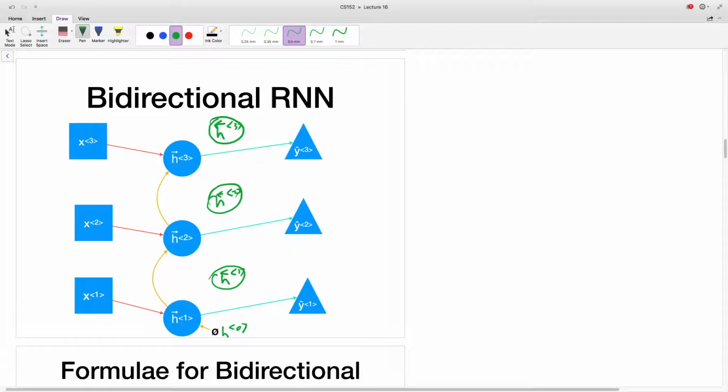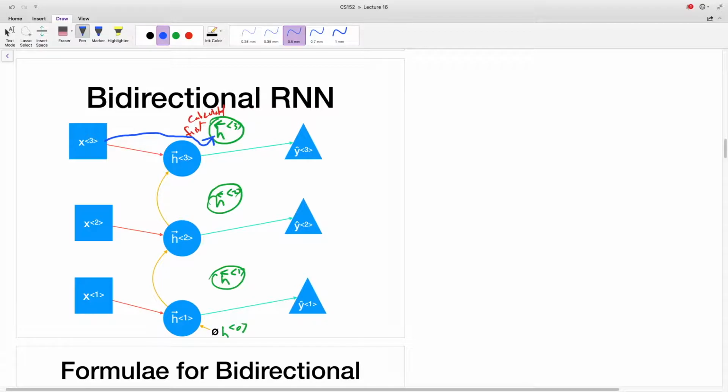For the ones I just wrote, which one gets done first? Yes, so this one gets done first. Calculate it first. And what information is needed to calculate h left arrow 3? x3, so we'll need that. What else do we need?